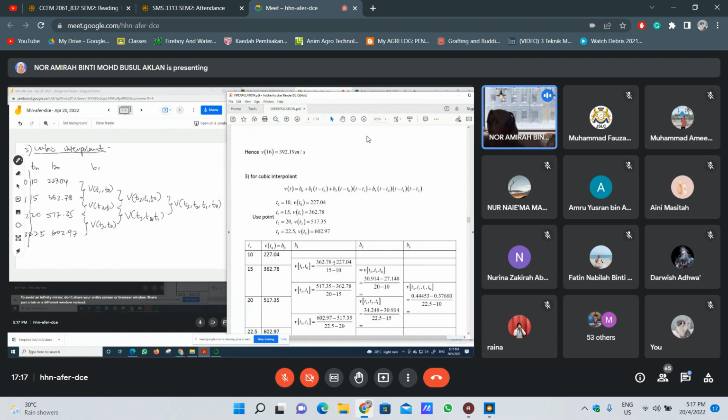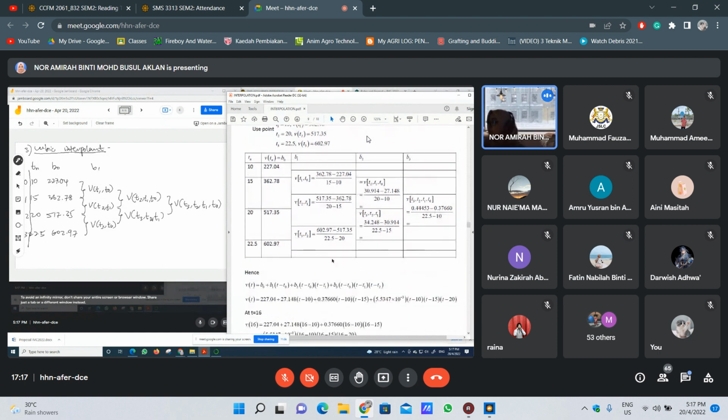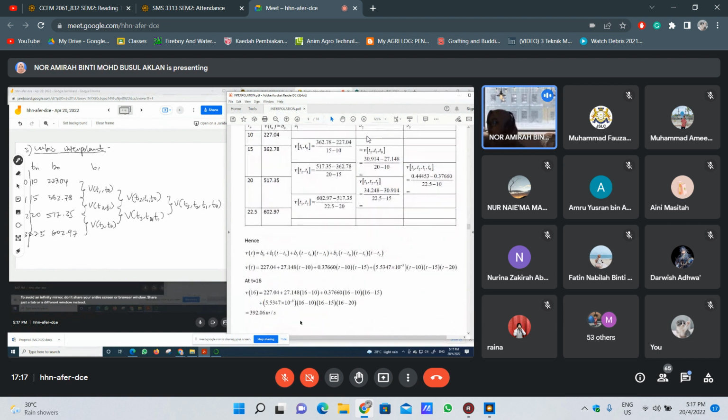But from cubic you got 392.06. So dia lagi lebih kepada more accurate lah. But all of this from linear, quadratic and also cubic, semua tu awak nak cari velocity at 16 juga lah. T equals to 16 juga.